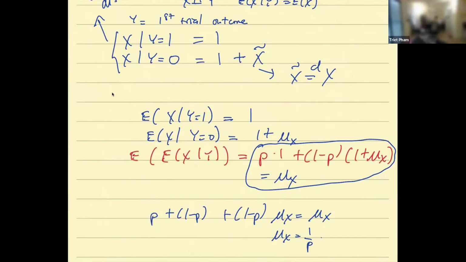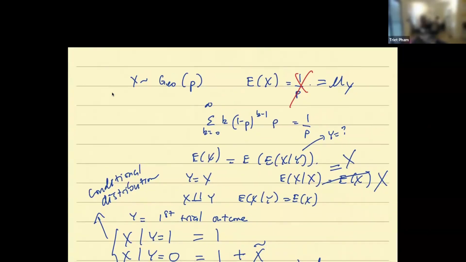So things like this are what we do a lot in, let's say, stochastic processes. Finding the appropriate random variable to condition on and using the law of total expectation, you can simplify the question and calculate the expectation of X, which would otherwise be difficult to calculate. Now again, this approach is not that hard as long as you know the right trick.